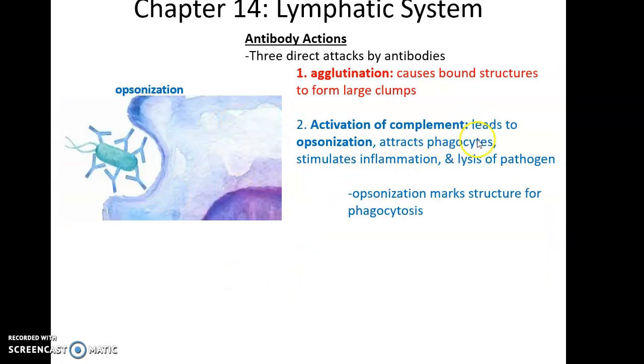Again, complement is able to attract phagocytes, stimulate inflammation, and cause lysis of pathogens. Activation of complement also leads to opsonization. Opsonization just means that it makes the pathogen easier for the phagocytic cells to find, so easier for macrophages and neutrophils to find and destroy.